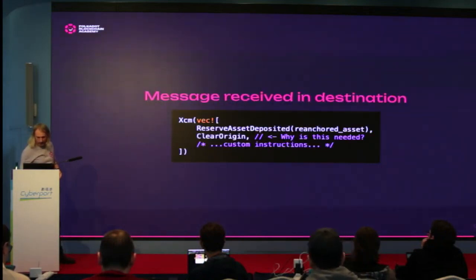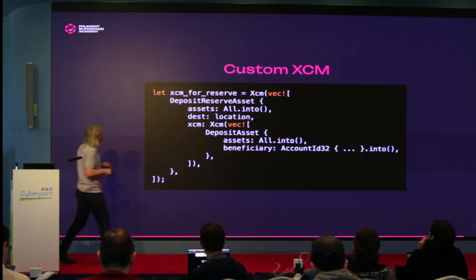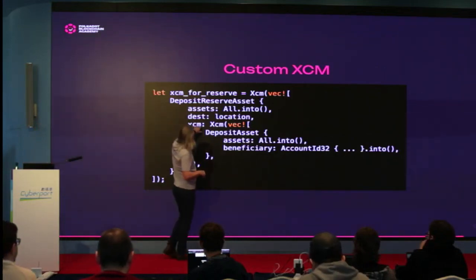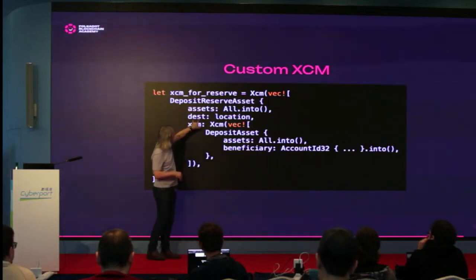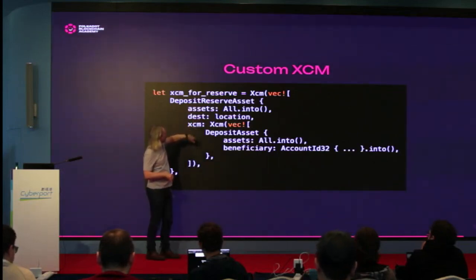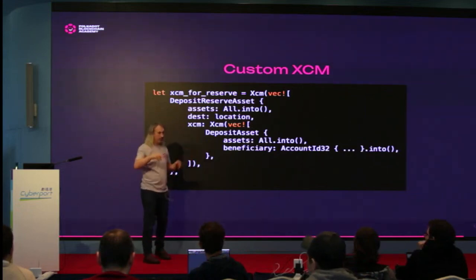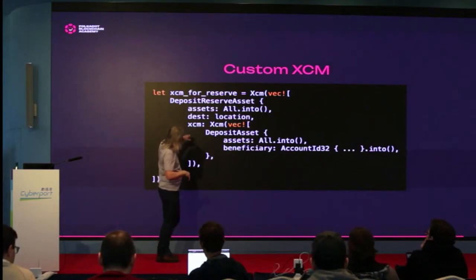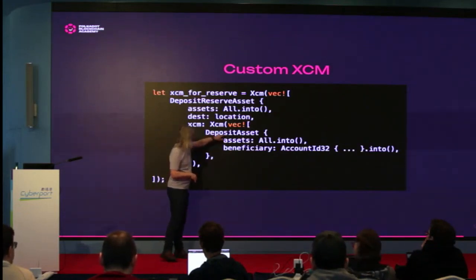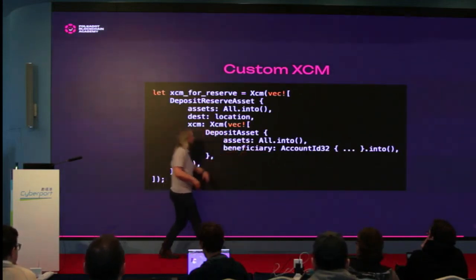We want it to send a notification onto the destination to use whatever asset is in holding, which we presume is a wrapped asset, one of these one-to-one fully backed derivative things. In this case, we're just depositing it in our account, or in some beneficiary account actually.